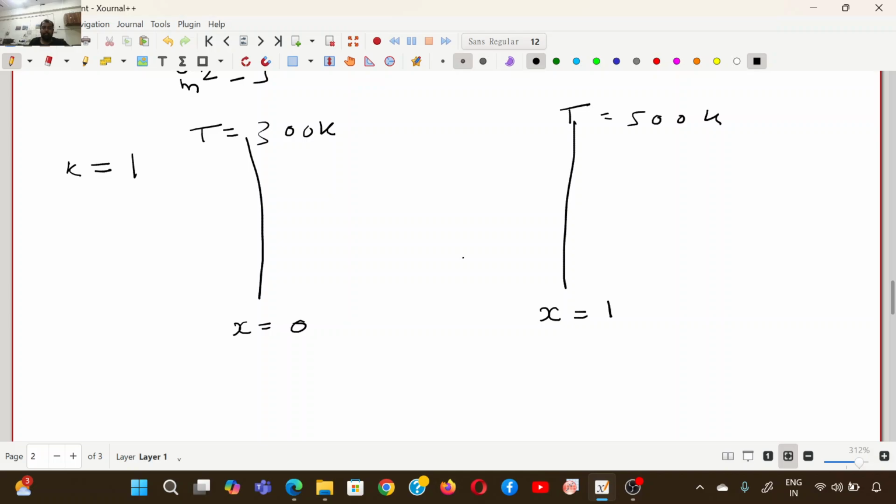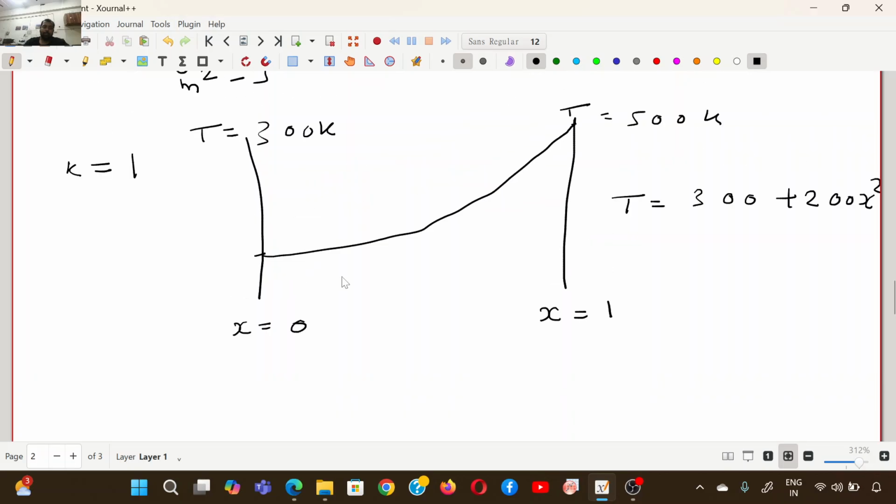There is some temperature profile in between. It's not a linear line. This temperature profile is given as 300 plus 200x square.